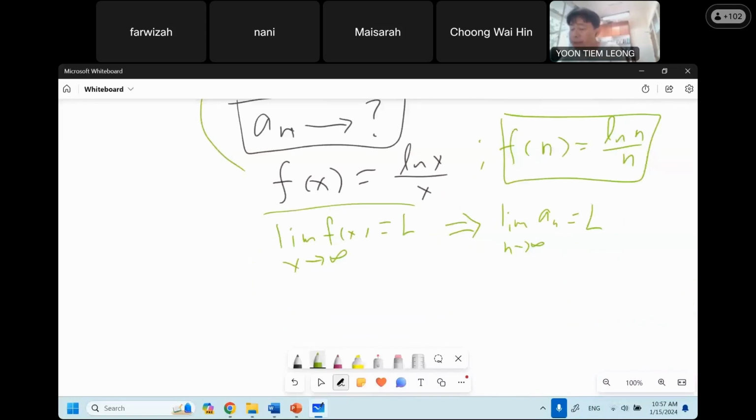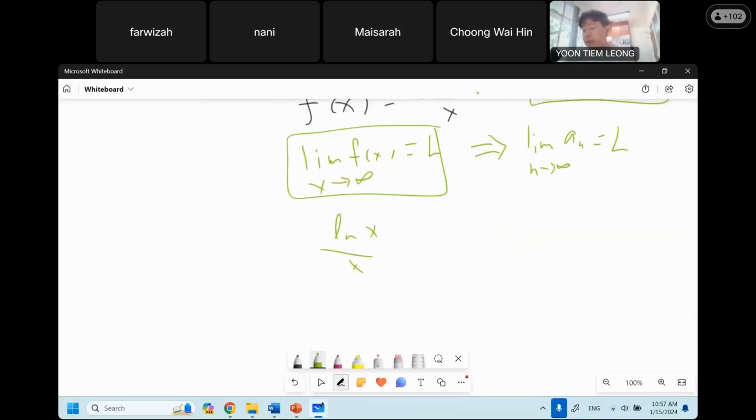This behaves like an indeterminate form, because when x goes to infinity, log of x goes to infinity, and x also goes to infinity.